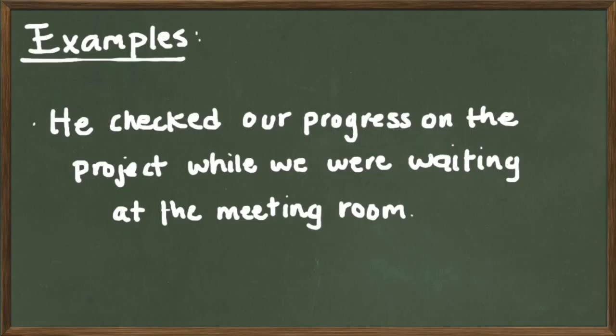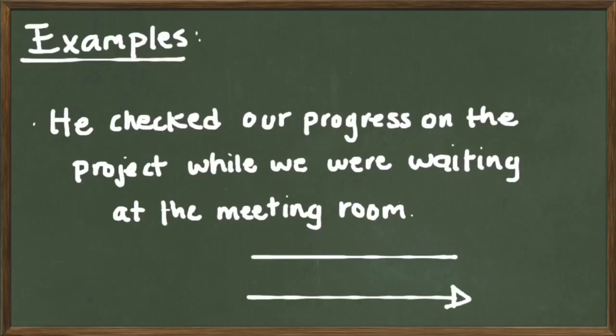Examples. He checked our progress on the project while we were waiting in the meeting room. Here we're talking about two actions that happened in the past: one was a quick action, and one was in progress. We have checked our progress, and we were waiting.